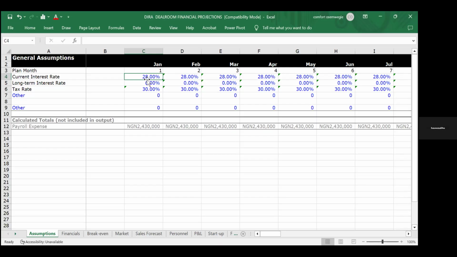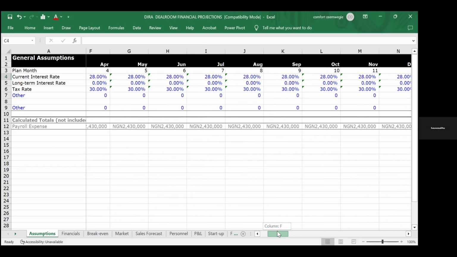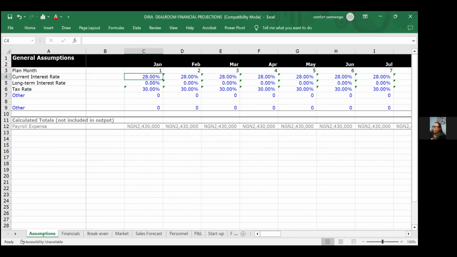Most of the time for short-term loans, they're usually monthly, and I think from 5 to 10% monthly. Some people go higher than that, but on average, maybe 10% monthly. So we'll do 10. You see that it has changed the entirety to 10. So all you need to do is just change from January.